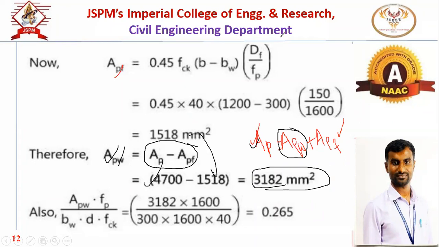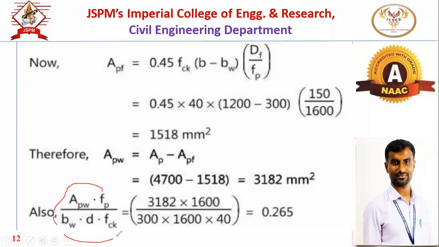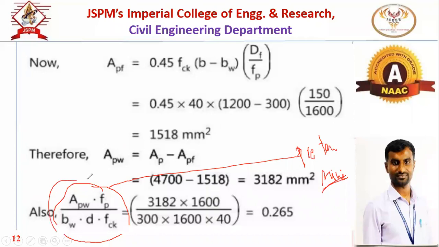Now once you get the area of pre-stressing steel in the web portion, we can work out the reinforcement ratio. Now tell me, for pre-tensioning, what is the minimum and maximum value of the reinforcement ratio? Can you tell me? Look at what the minimum and maximum values are. We discussed it in the last lecture.